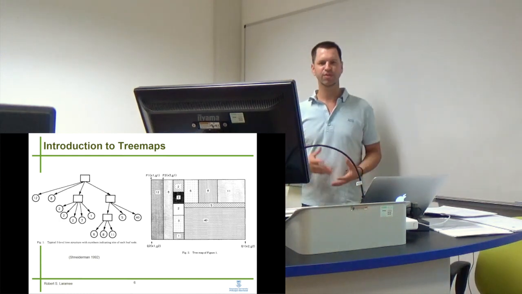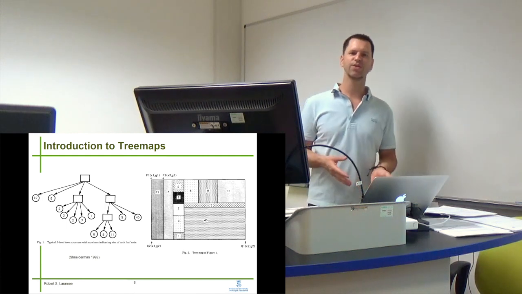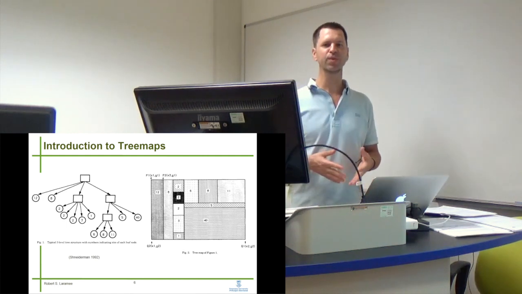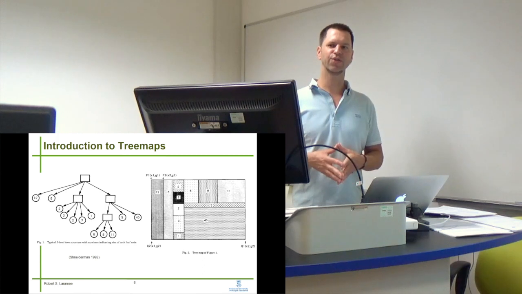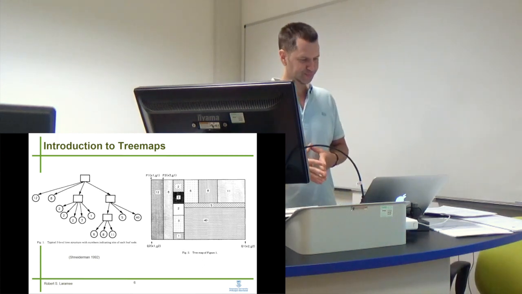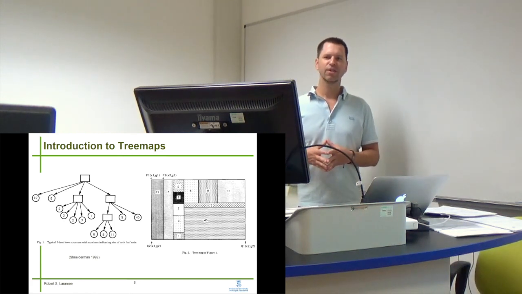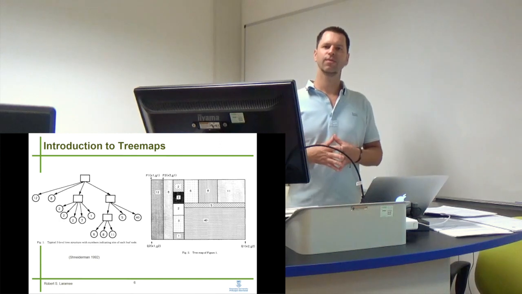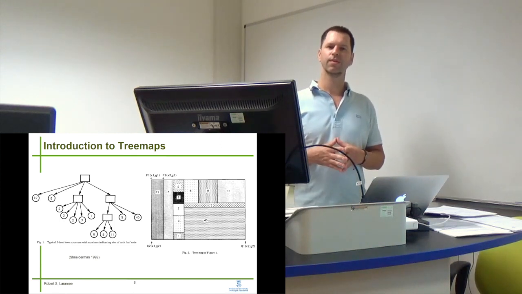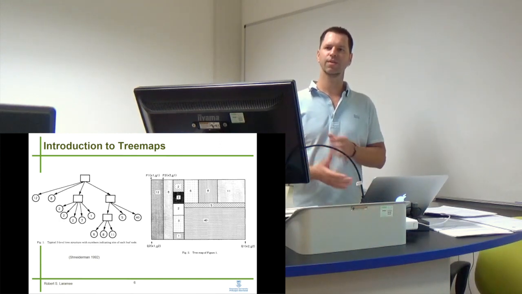A tree map is a special kind of information visualization technique, and it applies to very large hierarchical data sets. Anybody know where you would see hierarchical data sets typically?